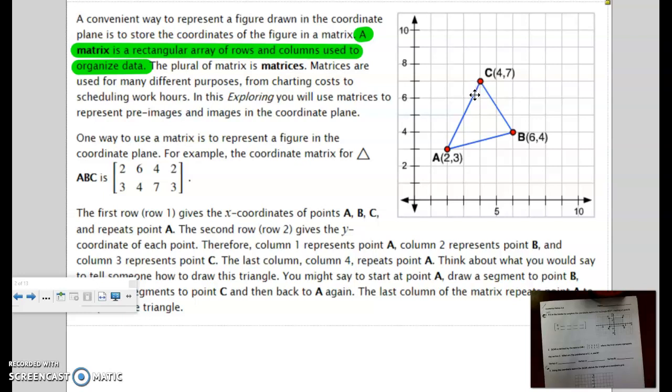I have to go back to point A to finish drawing the triangle. So that's why point A is repeated in this last column, because this is telling us how to draw the triangle. Start with A, connect to B, connect to C, and go back to point A, and that closes your polygon. So let's look at number 1 in our notes.